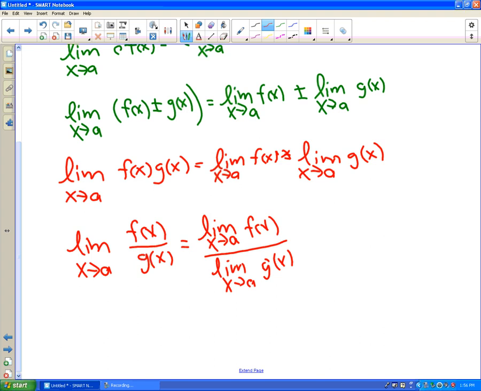What's the one caution we have to place here? Yeah. The limit as x approaches a of g of x better not be 0, because then we'd end up in the 0 situation.